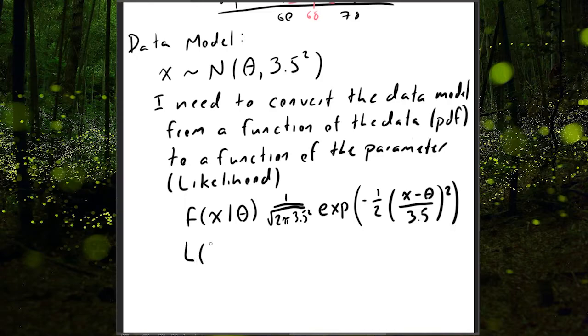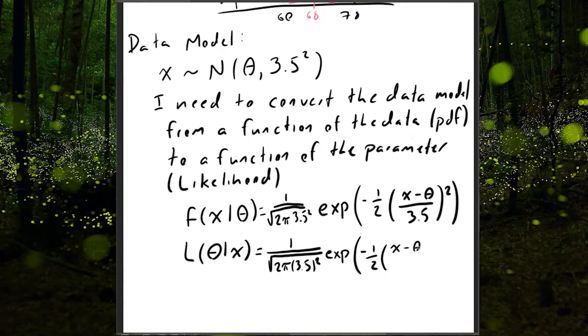So what's my likelihood for theta given x? Well, it is exactly the same function, except now it's a function of theta instead of a function of x.